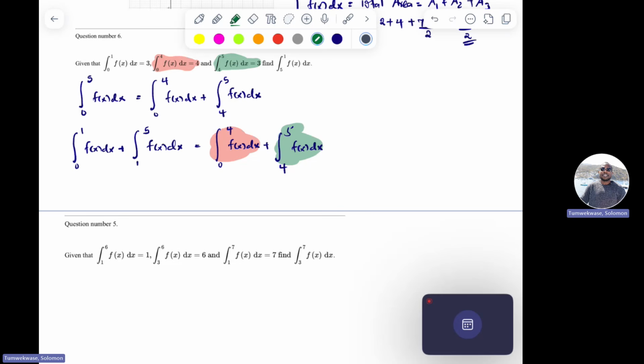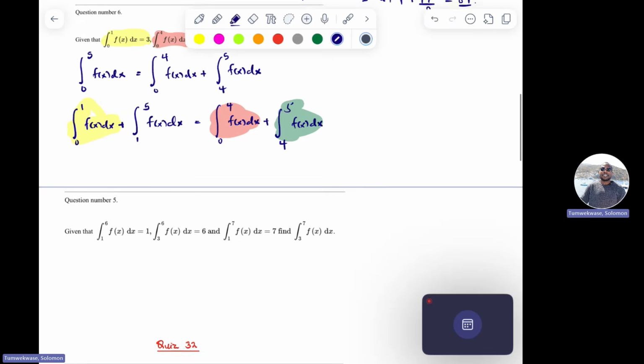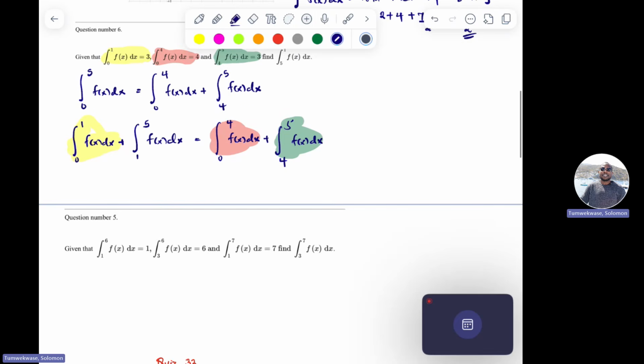0 to 1 is right there in yellow. So we shall substitute it there. And you can see we have everything apart from integral of 1 to 5. Okay, so integral from 0 to 1 is 3.